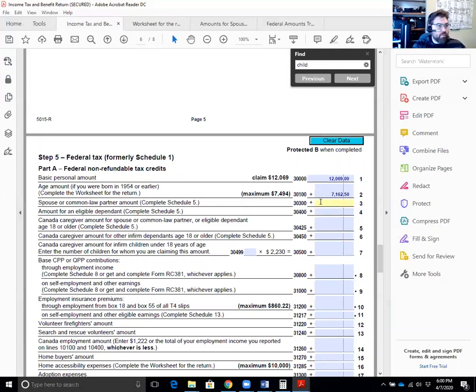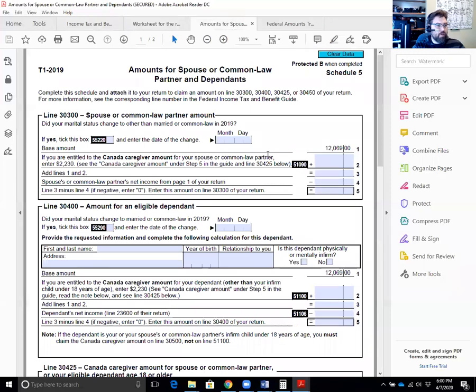Okay, so next, spouse or common law partner amount, complete on Schedule 5. I'm just going to ignore this part here, because our marriage didn't change.